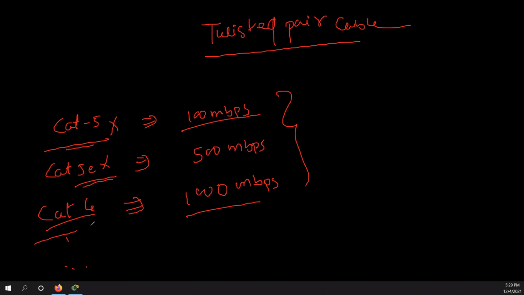Okay, so let me just draw one diagram and you would let me know where we have to use what cable. So I'm just drawing a diagram here. In the complete diagram, we have one router. This is nothing but a router. From the router, I have a network which is further connected to a switch.